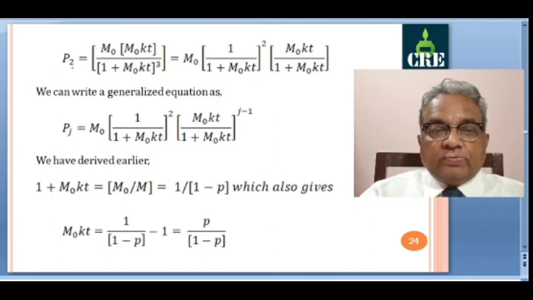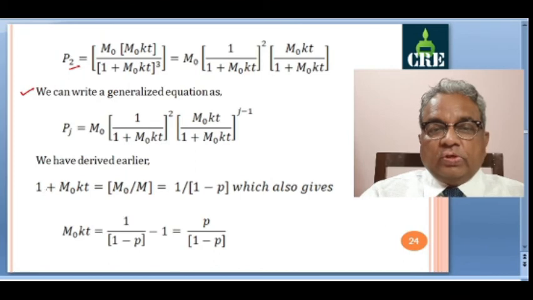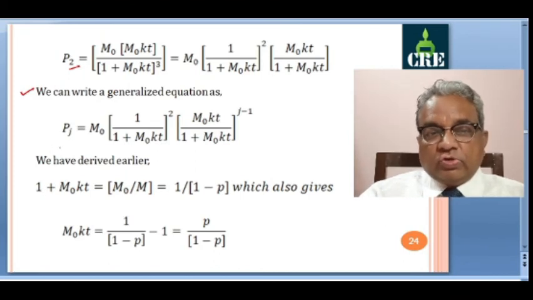So this equation is P2 here, and we can generalize this as Pj, j is equal to 2. This M0 by 1 plus M0 KT square term you will always get, whether it is for P3 or P4, if you check it further, but you have to solve more complex differential equations.